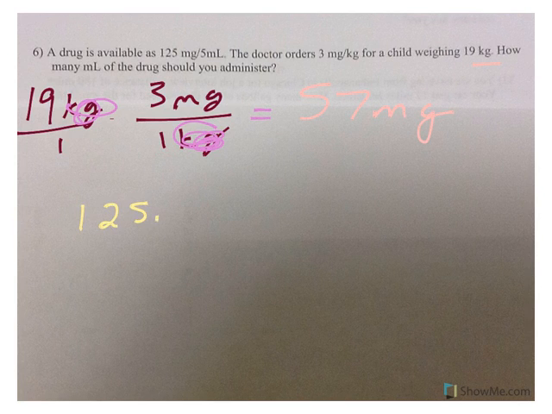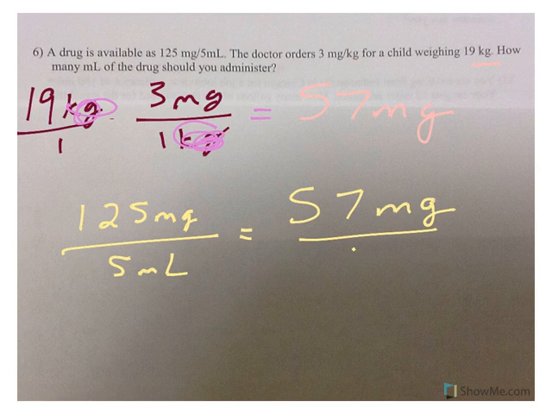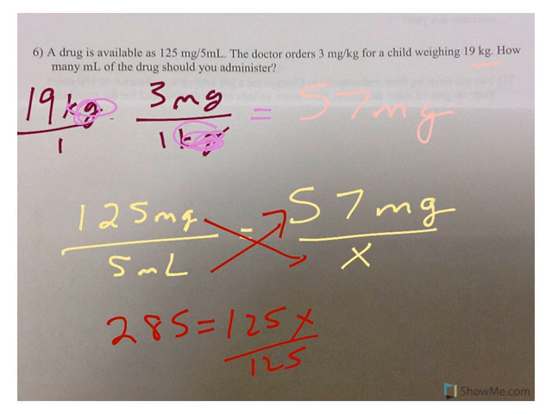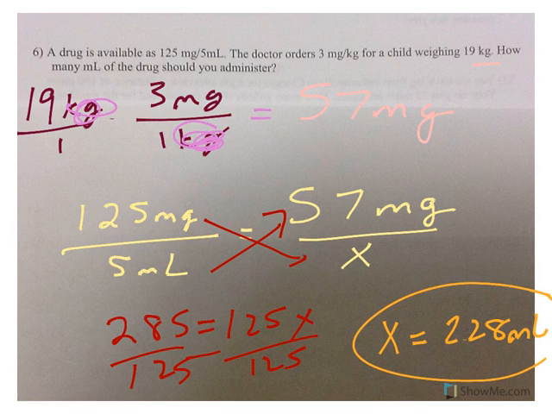So if the drug is 125 milligrams per 5 milliliters, and this kid gets 57 milligrams, then we cross multiply, and 285 equals 125x, divide both sides by 125, and x equals 2.28 milliliters. And there is your dosage calculation practice in medical situations.